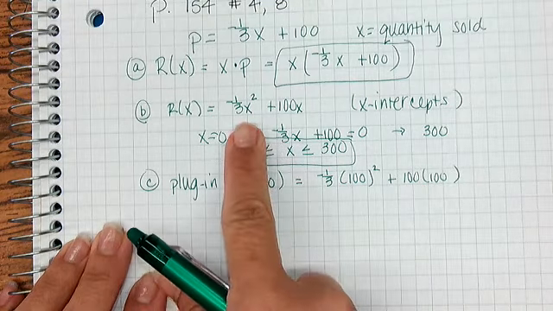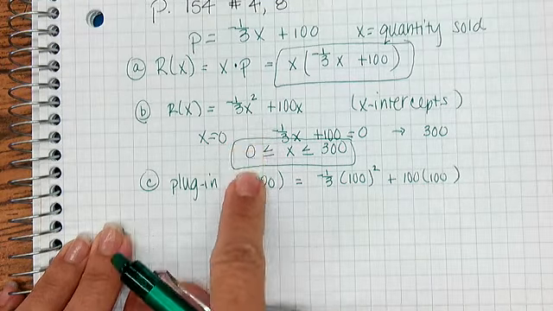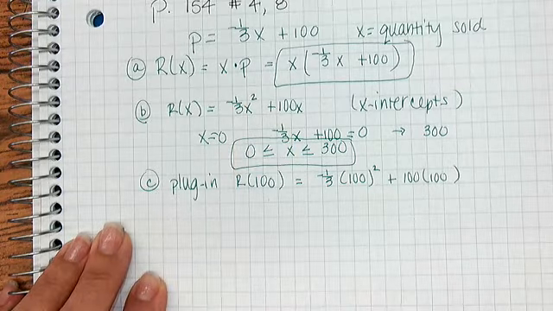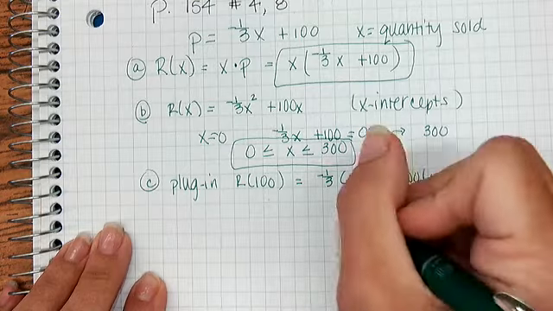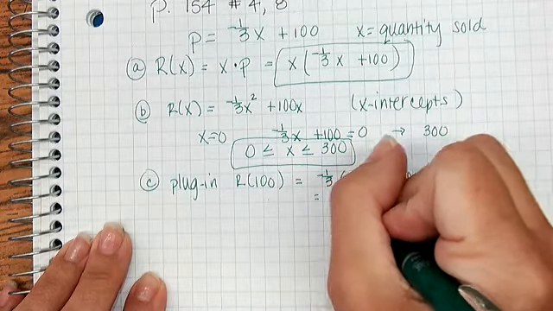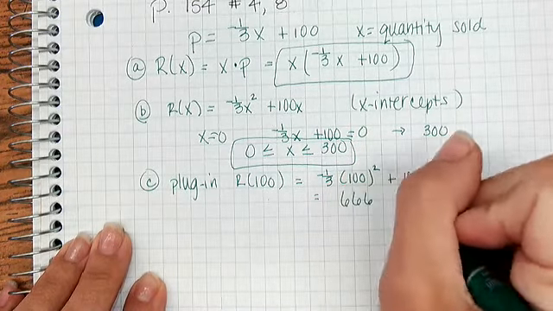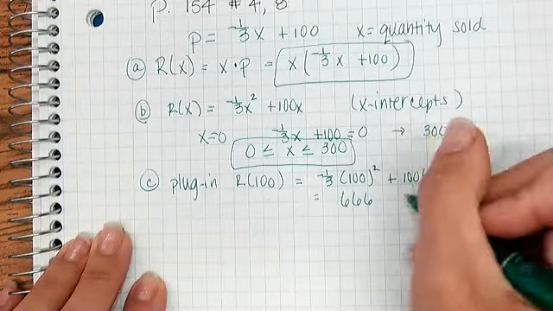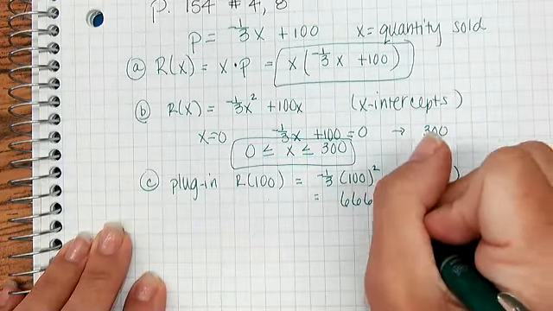I plugged in right here. So 100 squared, 100 times 100. And when you are all done, I believe this equals $6,666.67.